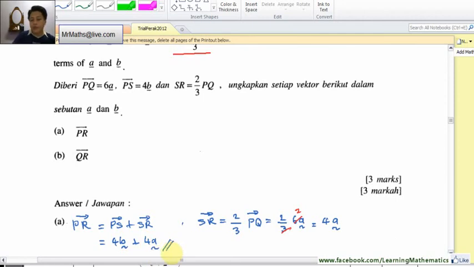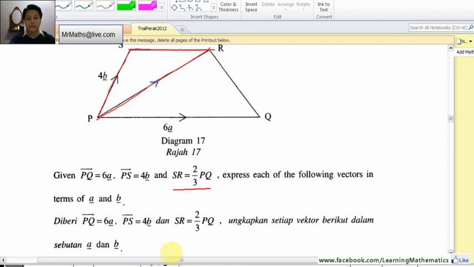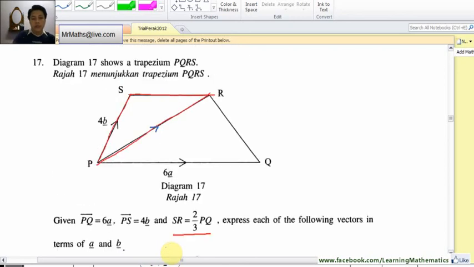Alright. And now QR. QR is this one. Let's remove some of the unnecessary lines. So QR is this one going backward over here. So QR is basically QP plus PR.